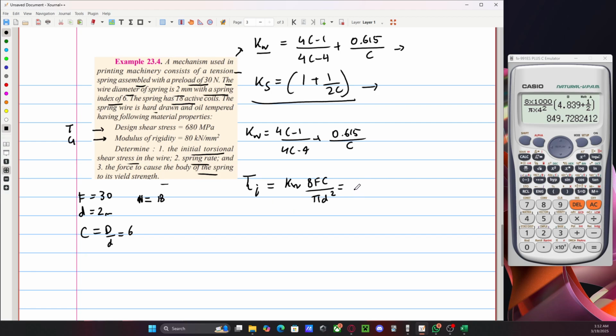So how would this work? Let's work out Kw first. C is 6, so 4 times 6 minus 1, over 4 times 6 minus 4, plus 0.615 over 6, which is 1.2525.